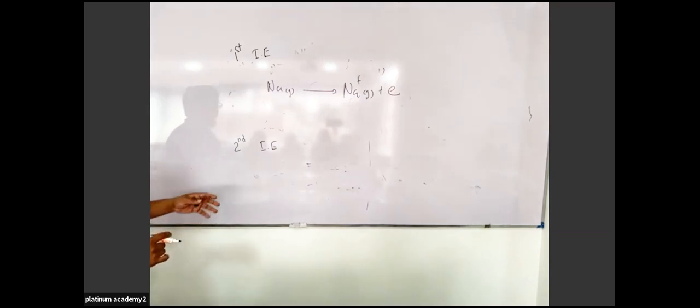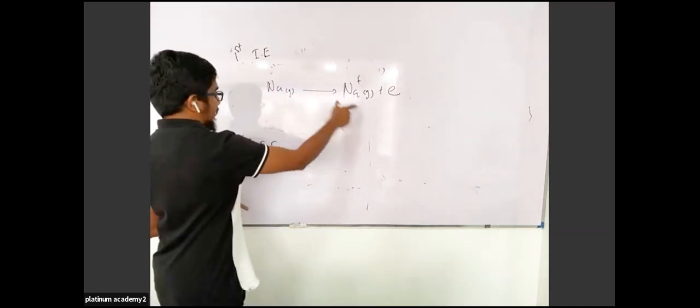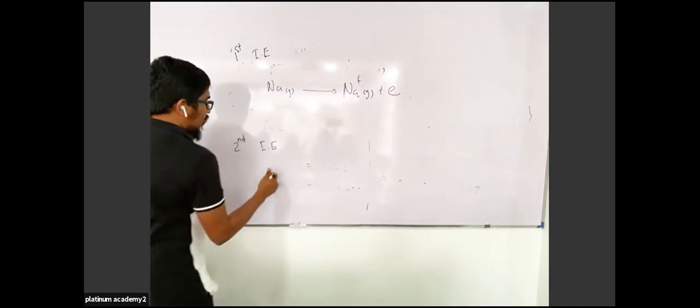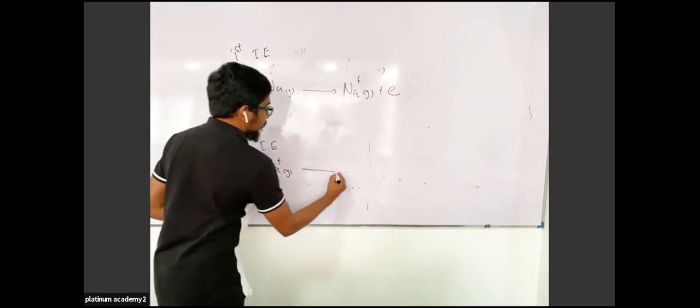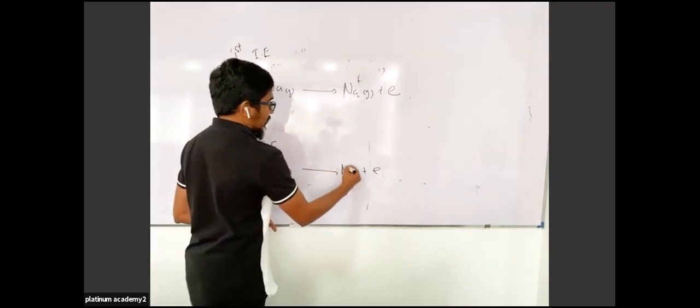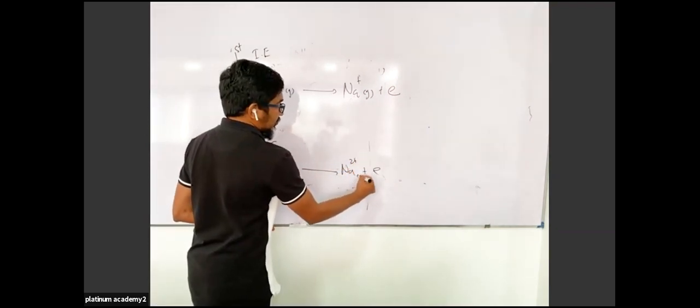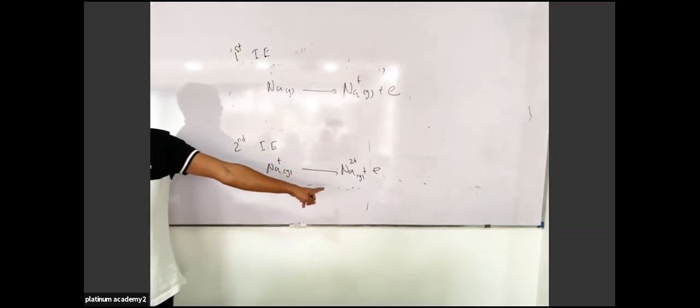Some students think you take a gaseous atom and remove 2 electrons, that is second. No, after first ionization energy, you take this one now and remove an electron from that. If you remove another electron, this will become Na2+. Naturally it's hard to do this, but you can do it forcefully. So this is first ionization, this is second ionization.